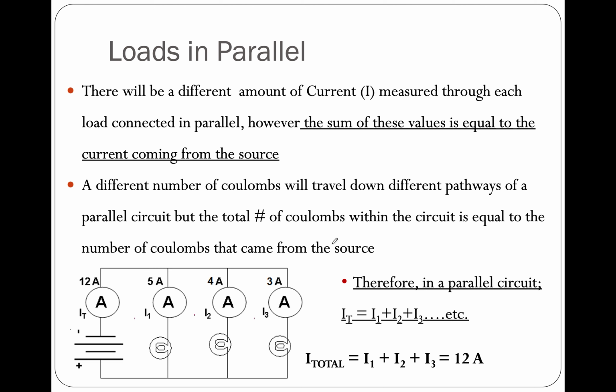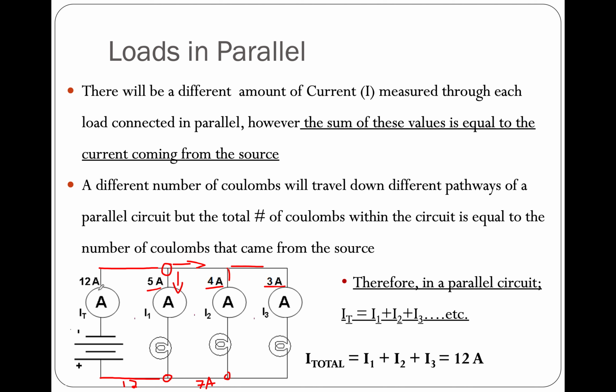So this equation is the same, but now it's for current because we're in a parallel circuit. So we're switching gears here. It's very difficult to get, but you'll get the hang of it. Different numbers of coulombs, remember that's charge, will travel down different pathways of a parallel circuit, but the total number of coulombs of charge within the circuit is equal to the number of coulombs that came from the source. So just like the voltage, we can't go above or below this total.